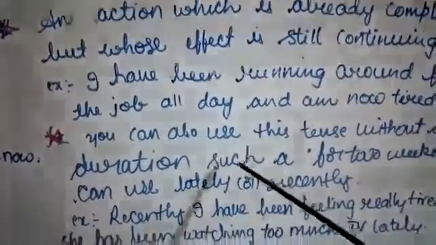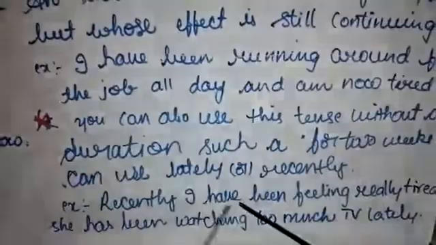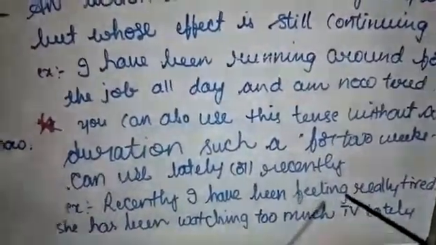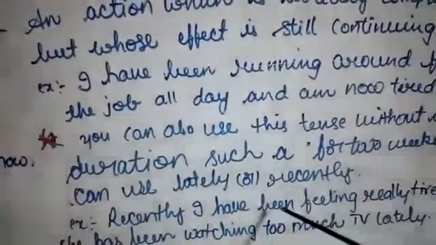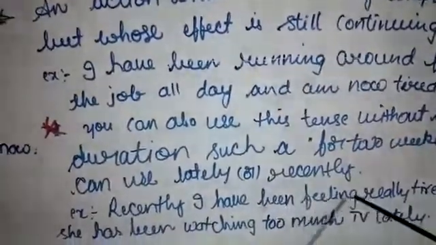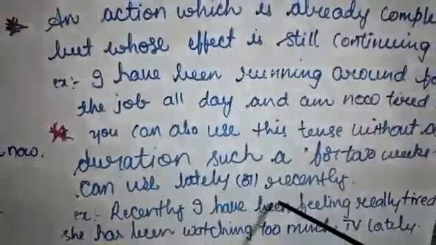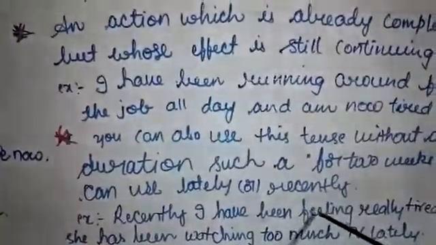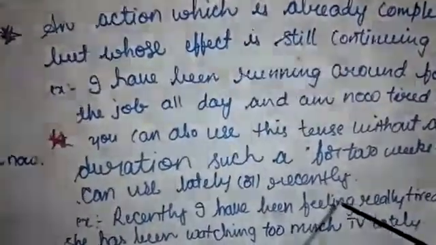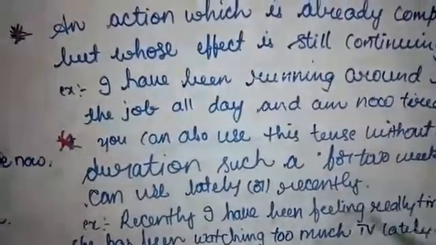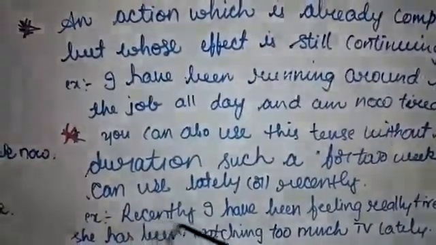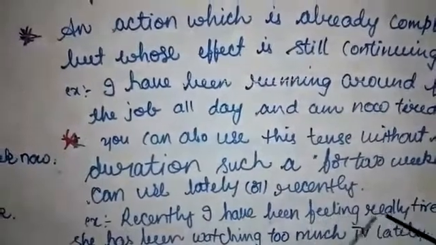For example, recently I have been feeling really tired. Here it is a duration, but for is not used. So instead of for we can use recently. Recently I have been feeling really tired.